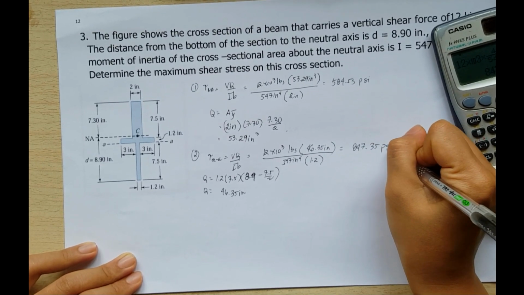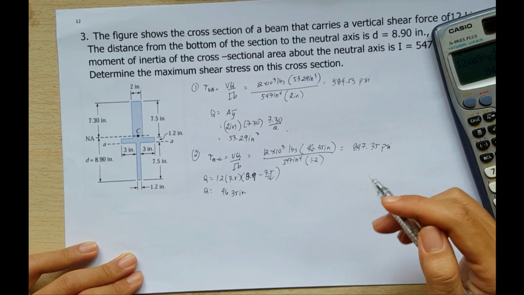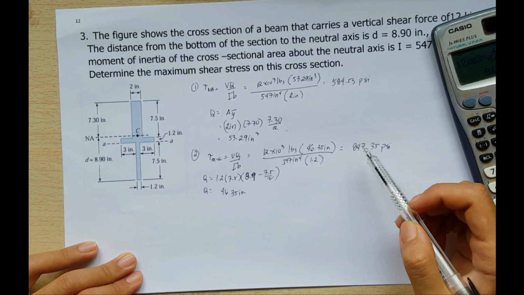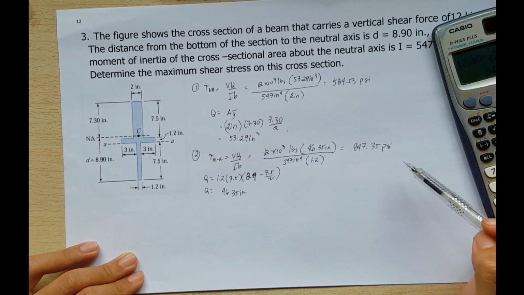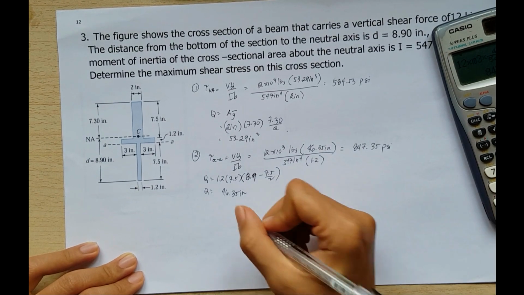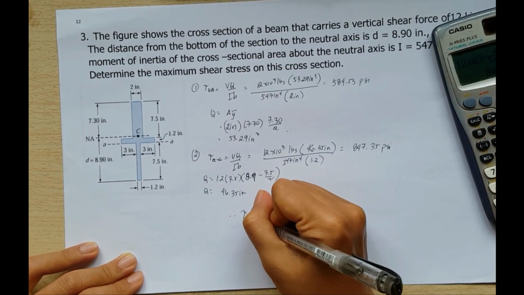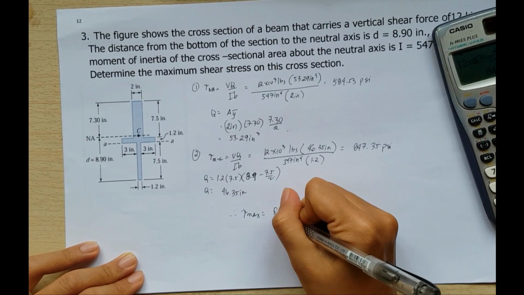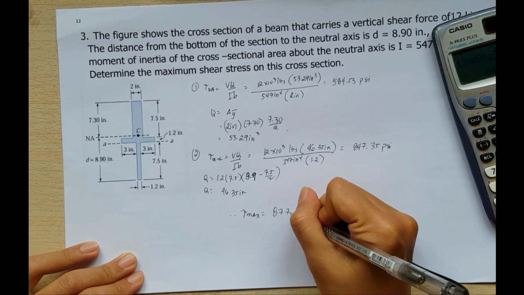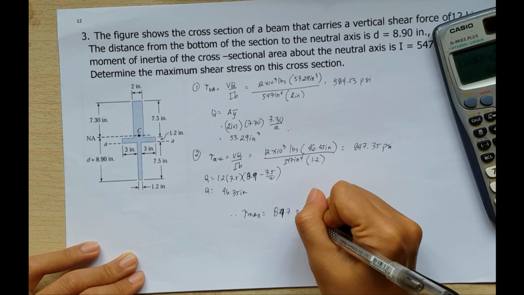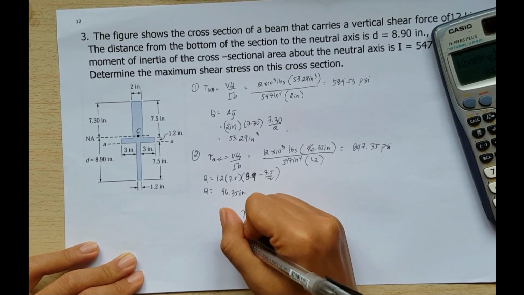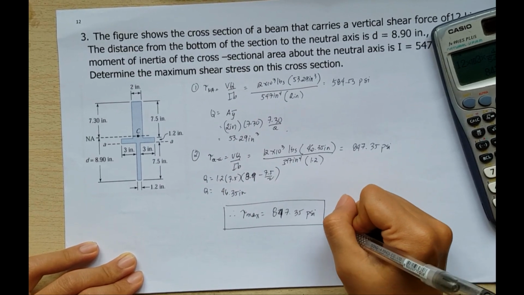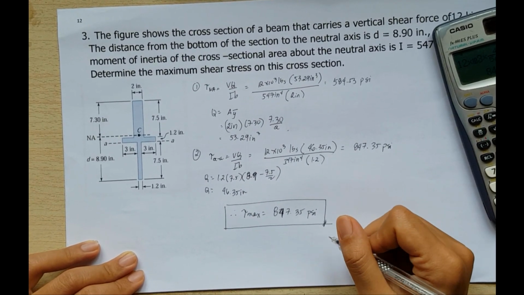So the larger between the two values is 847.35 pounds per inches squared. Therefore, the maximum shear stress is equal to 847.35 pounds per inches squared, occurring at AA. So this is our answer.